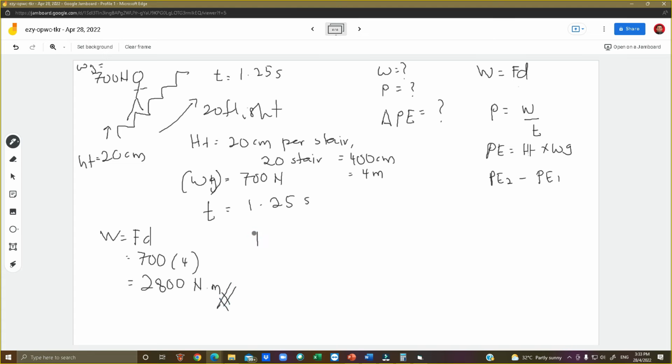Okay, power dia work over time, which is 2,800 Newton meter over 1.25 second. 2,240. 2,240 apa?